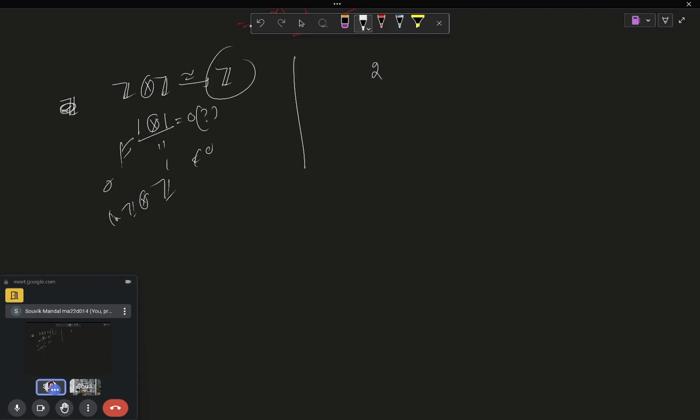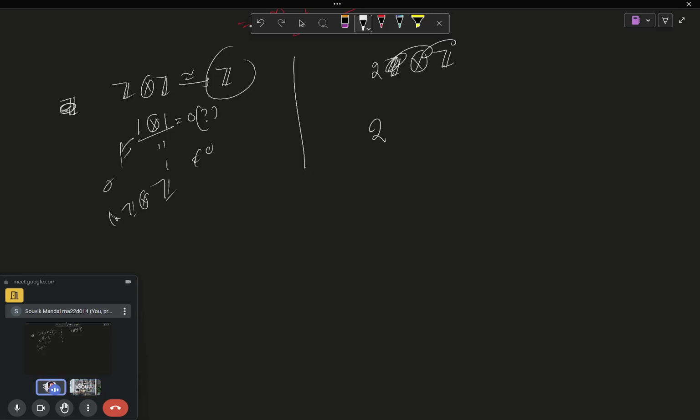So suppose we have some element 2Z tensor one. Okay.